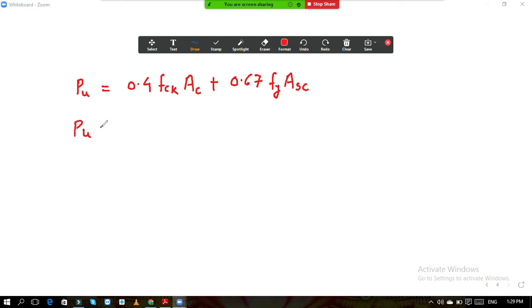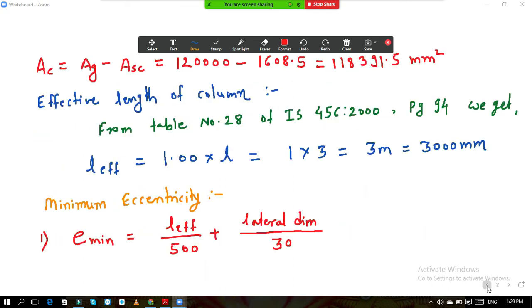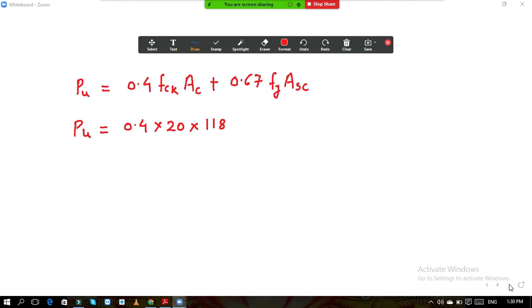So Pu is equal to 0.4, which is the constant, fck is 20, into Ac, which was 118391.5, plus 0.67 into 415 into 1608.5.